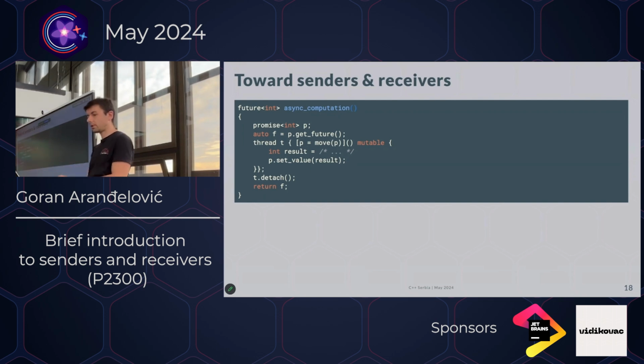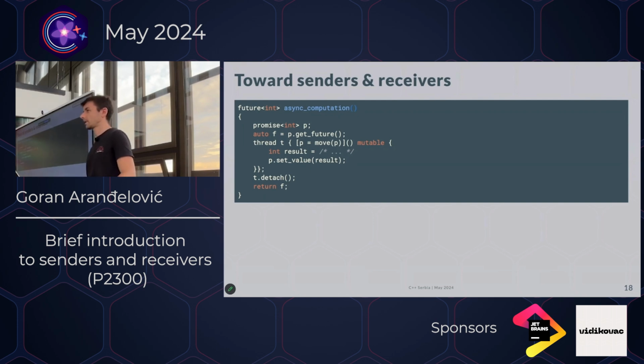And by default, lambda's function call operators are declared as const functions, right? And they cannot change their members. And because P here is now a member of the lambda object, you have to mark a lambda as mutable in order to be able to modify it, to call set value on it.